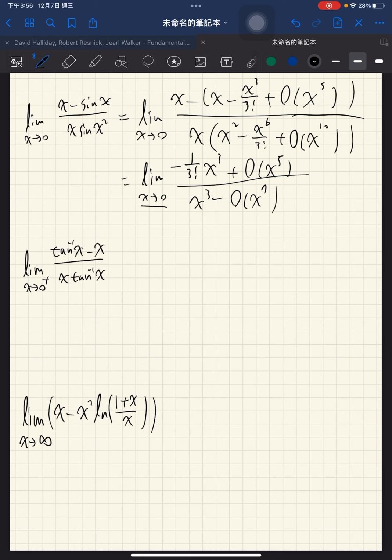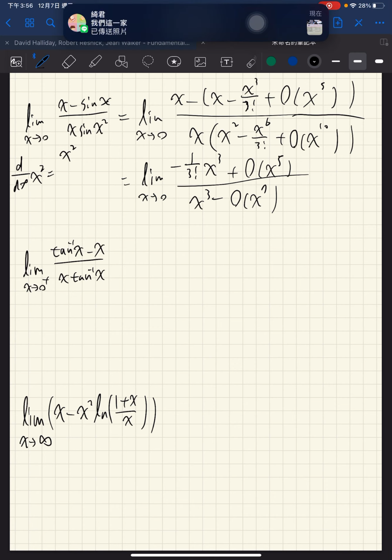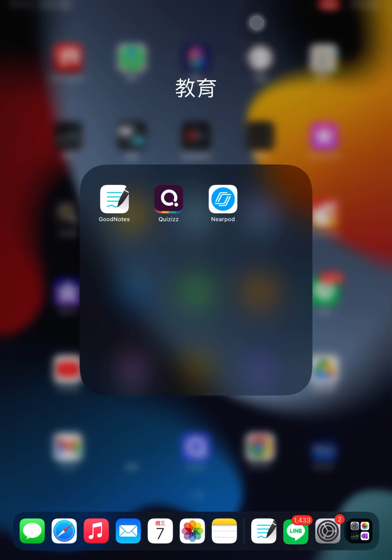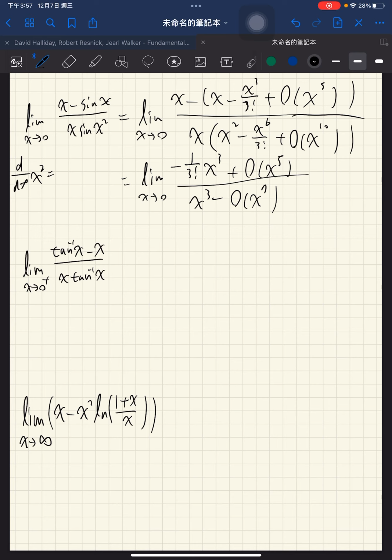And what we need to do is the same as when we are doing the derivative of x to the 2nd power, just like f prime, and the definition is x plus delta x squared minus x squared over delta x, as delta x approaches 0.